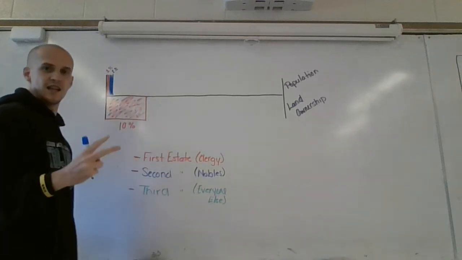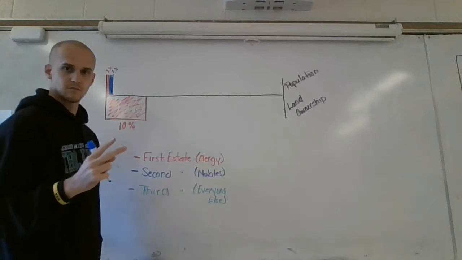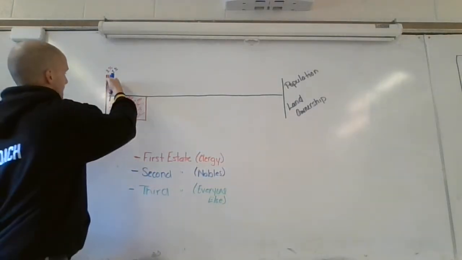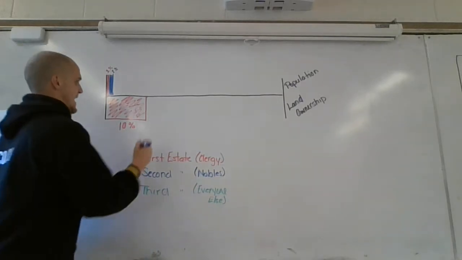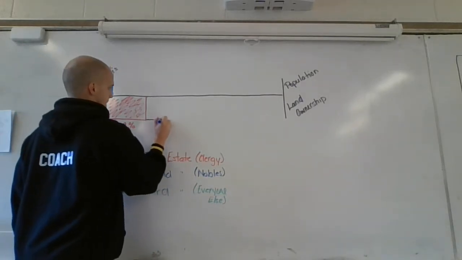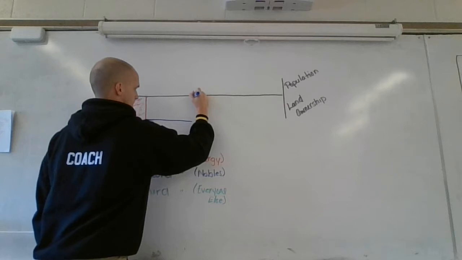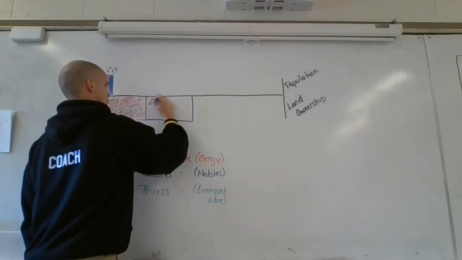So 2% of the French population controls, just like it doubled in population, it doubled in the amount of land control that they had. So they control 20%.